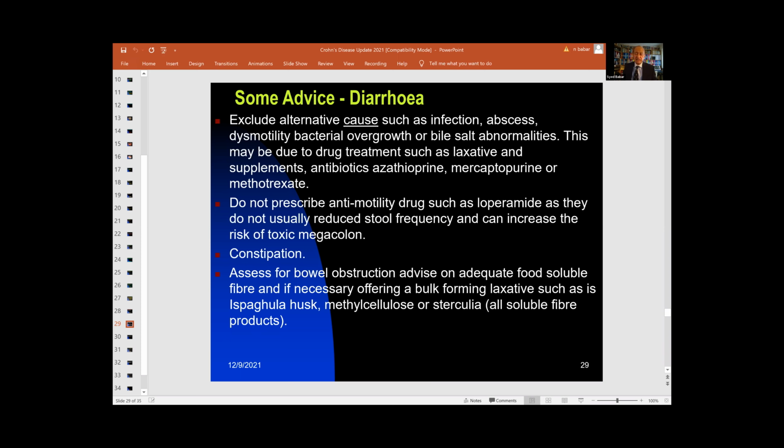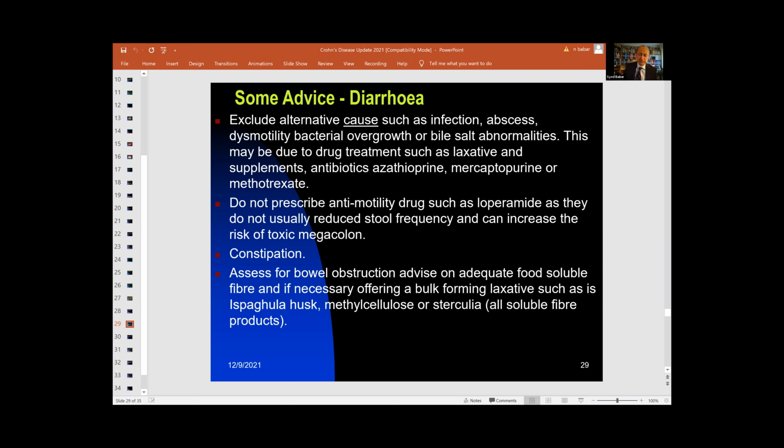Sometimes these are the side effects of treatment also. Anti-motility medications such as loperamide and hyoscine should not be prescribed, as the incidence of toxic megacolon in ulcerative colitis is high, and also of intestinal obstruction is high in Crohn's disease.